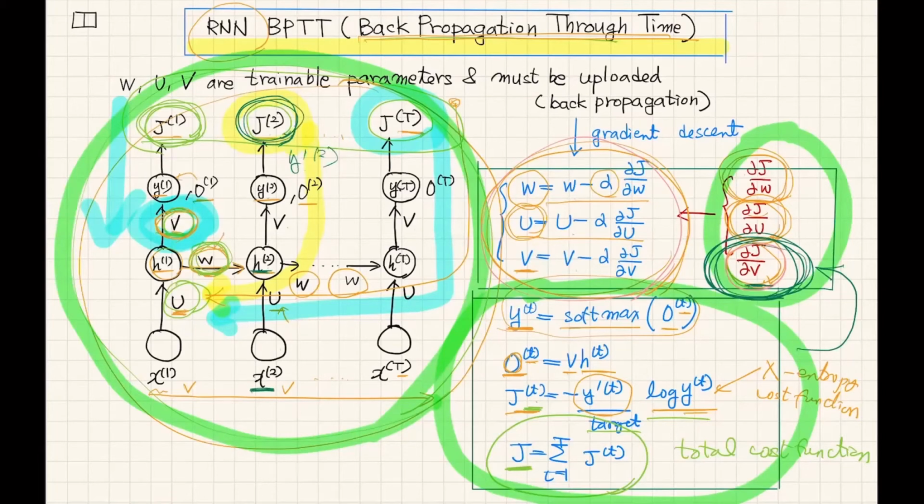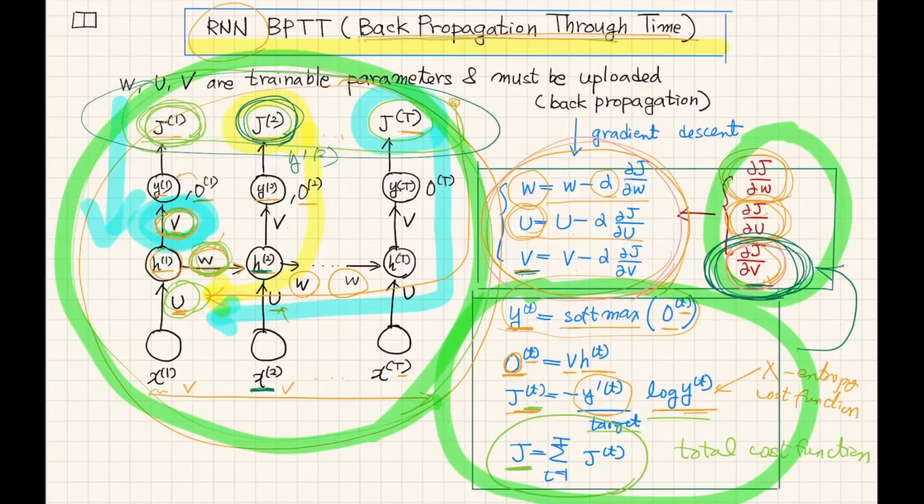And then by making a summation of all these cost function derivatives, we can update this V. That is the brief summary of the first part of my class today.